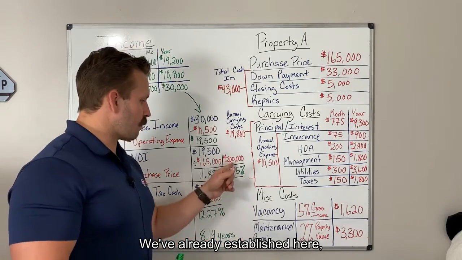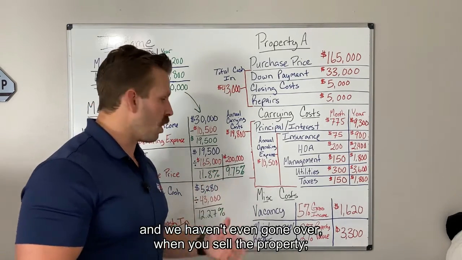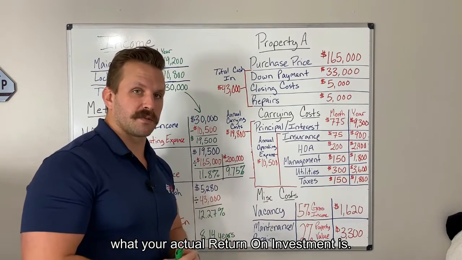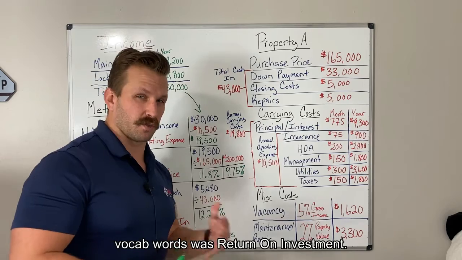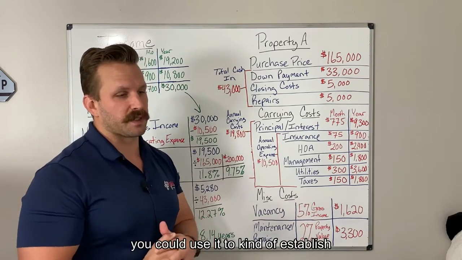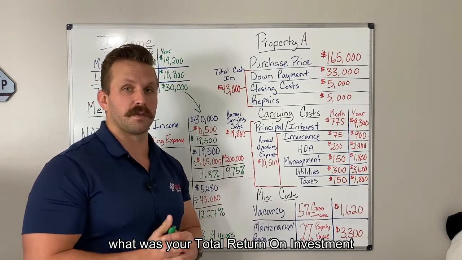We've already established here that this property has room to grow, and we haven't even gone over what your actual return on investment is when you sell the property, because that's one of our vocab words, return on investment. That's a very vague number because you can use it to establish your annual return on investment, or your total return on investment from owning the property.